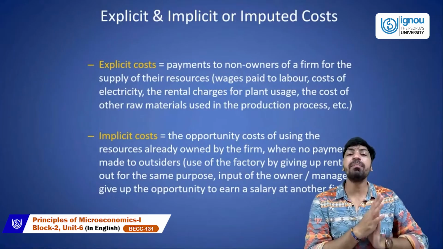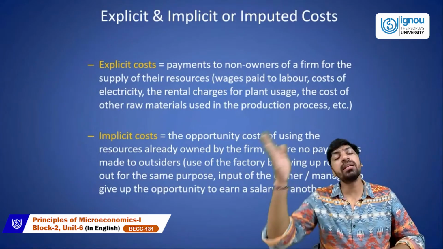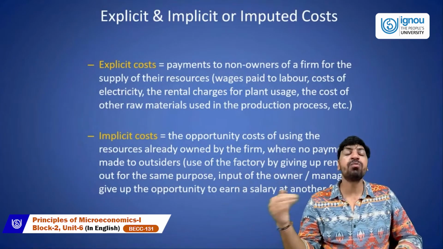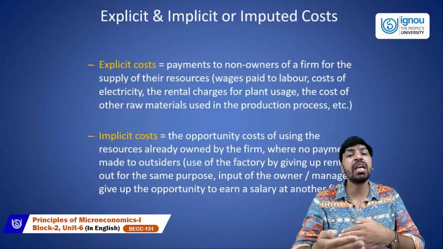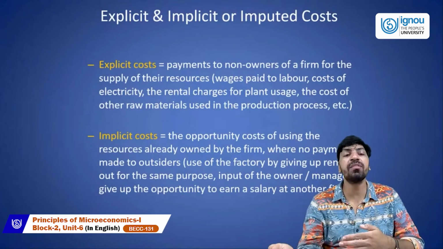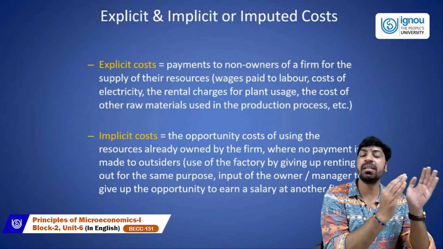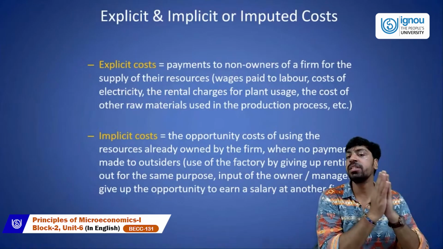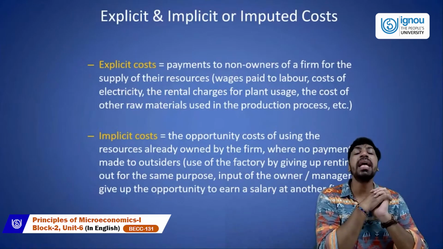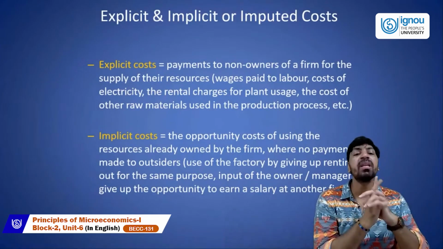So these are payments made to the outsiders of the firm, who provide the supply, who provide the resources to the firm. Such payments and such expenditure are called explicit cost.